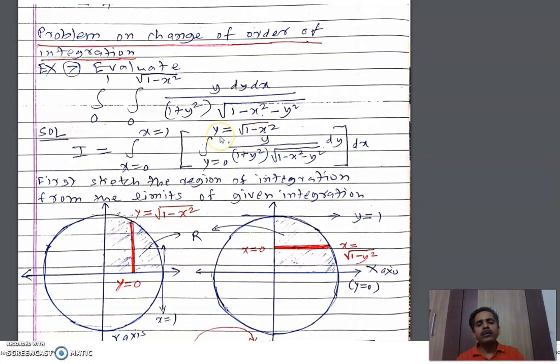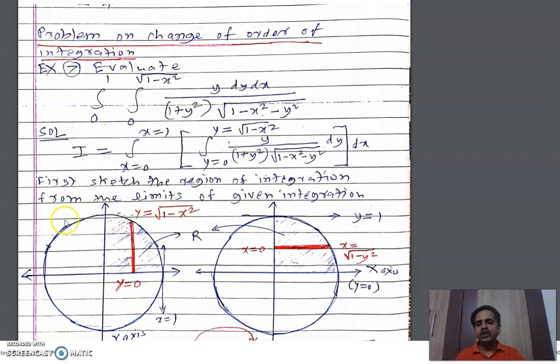Now what does this equation y equal under root of 1 minus x square represent? Taking square on both sides, you get y square equal to 1 minus x square, from which you have a very simple equation x square plus y square equal to 1, which is a circle having center at origin and radius 1.